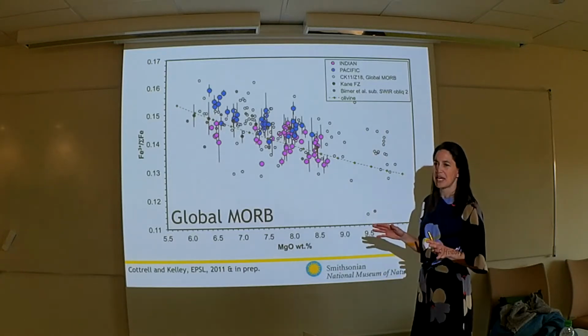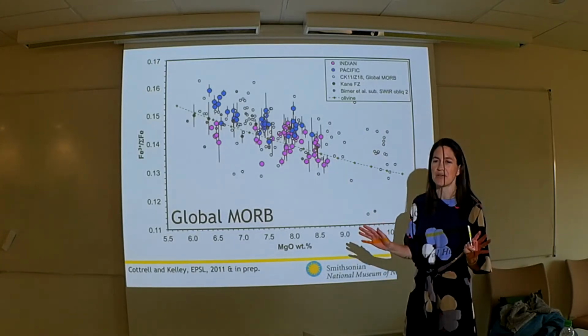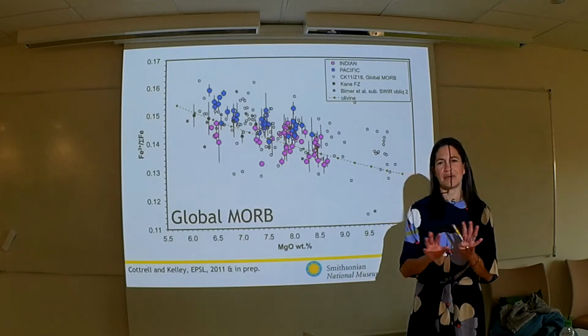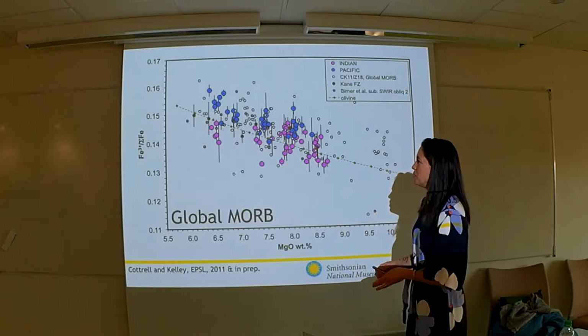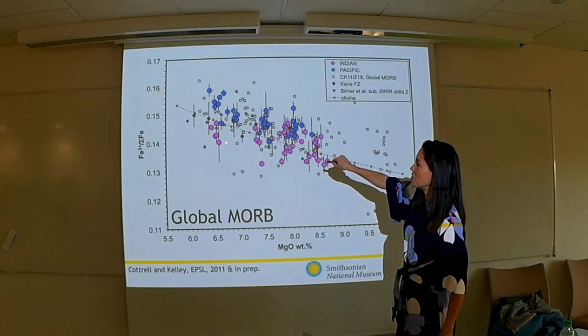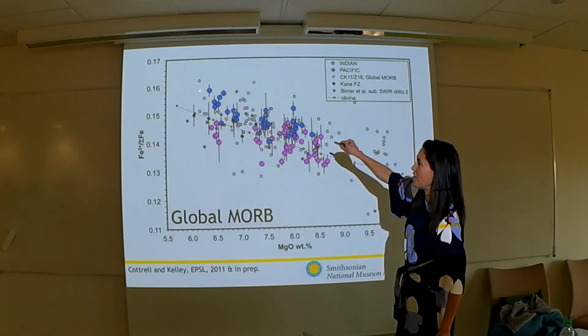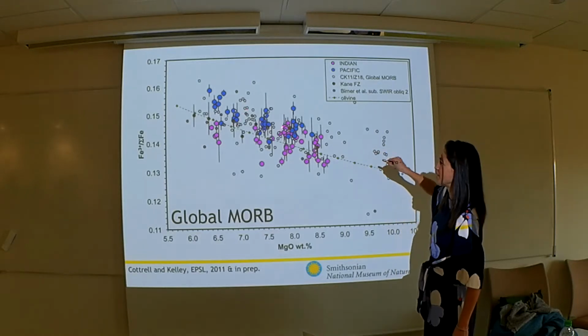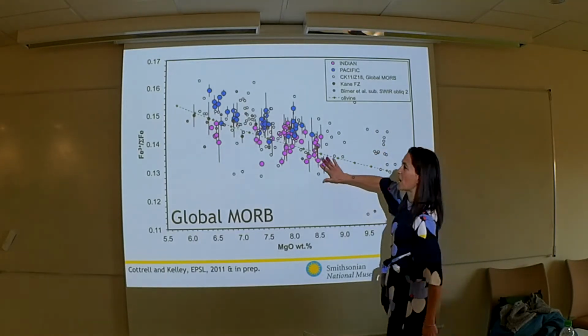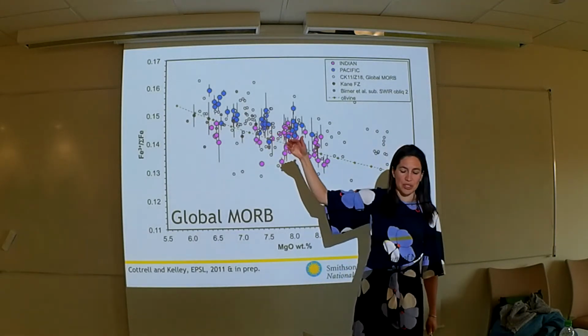But in every location, very generally, you can see with your eye without any averaging that on average, the Indian side has lower Fe3+ to total iron ratios than the Pacific side. The blue points are on average much higher than the pink points.